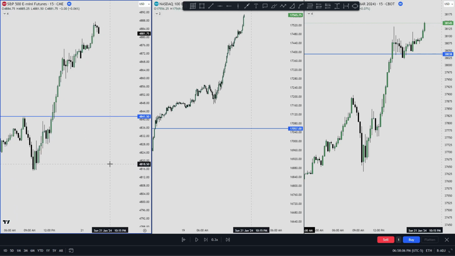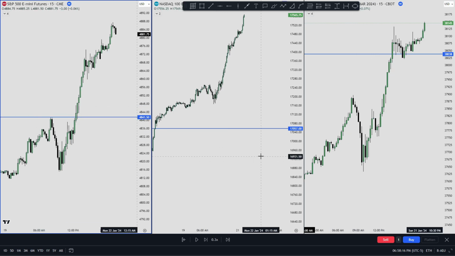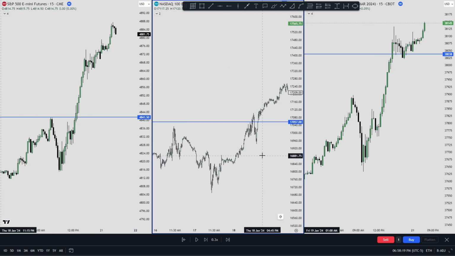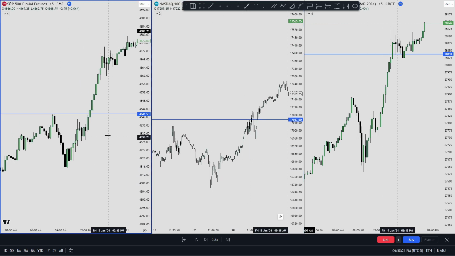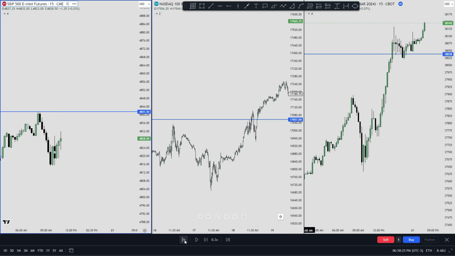This can also be used during bias as well. So if I'm struggling with understanding bias, meaning that I don't know if the market is going to go higher or lower, I'm simply going to look at the 3 markets. So let's say we're back here on the ES, and the Dow and the NASDAQ.